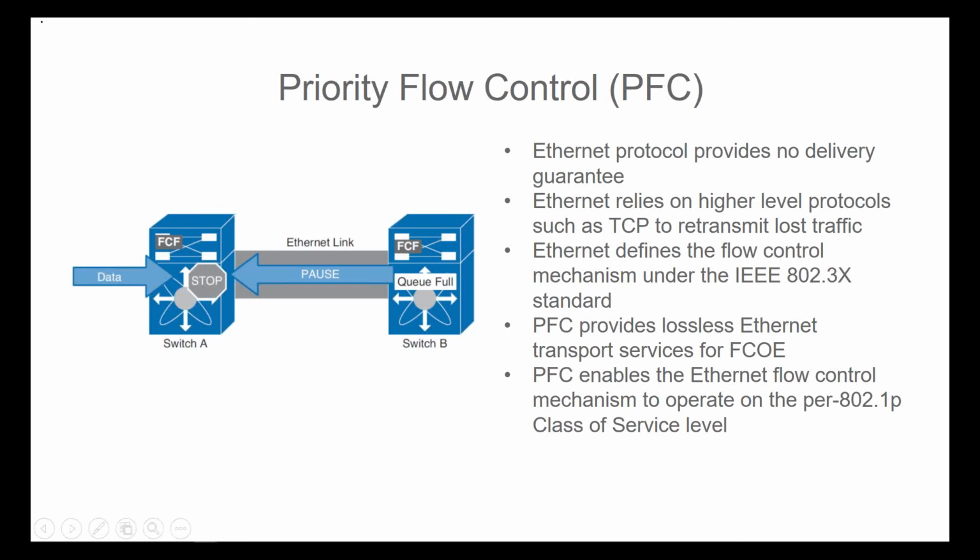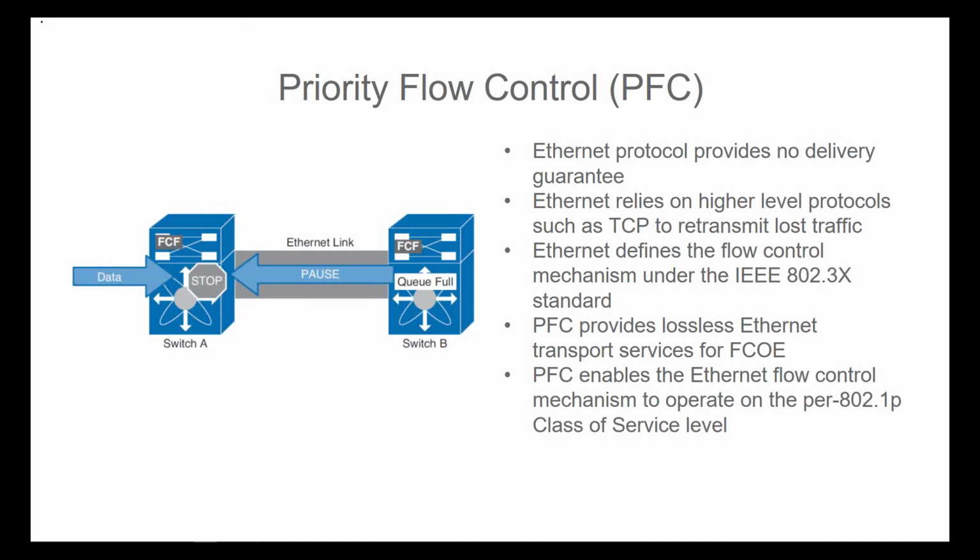That standard actually provides the ability to pause frames for the entire physical link and has absolutely no ability to selectively pause a class of service, which is important for FCoE. The priority flow control provides lossless Ethernet transport services for Fibre Channel over Ethernet, and it enables per class of service level pausing based on per 802.1p class of service levels.